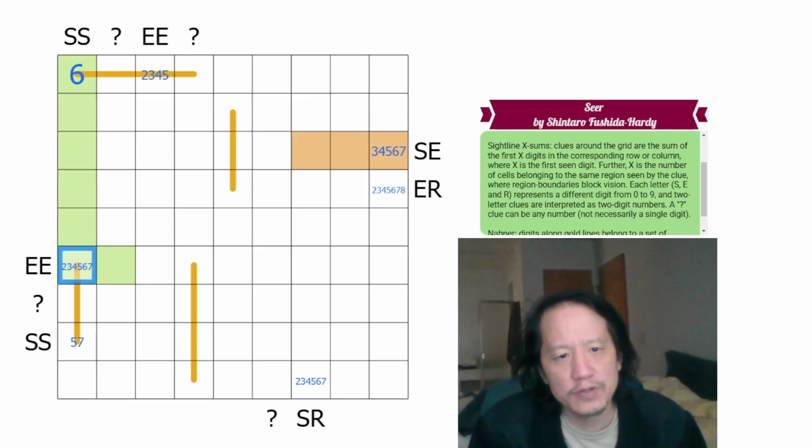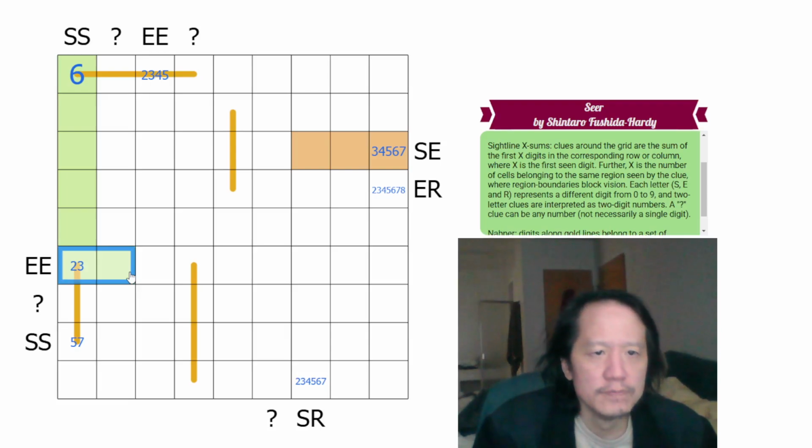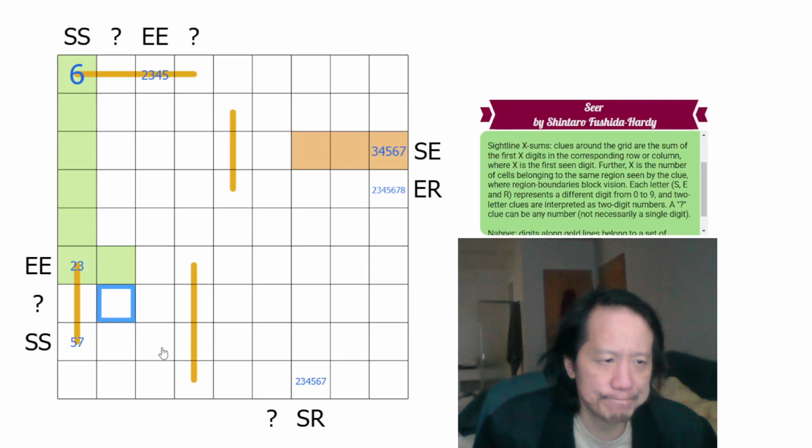So this can't be 6. This can't be 5. It can't be 7. We can't have 4, because then that would add up to 22. And again, we would have the same problem. So this would have to be 2 or 3 adding up to 11. So this amount would be 33. It could be 2 or 3 that way.